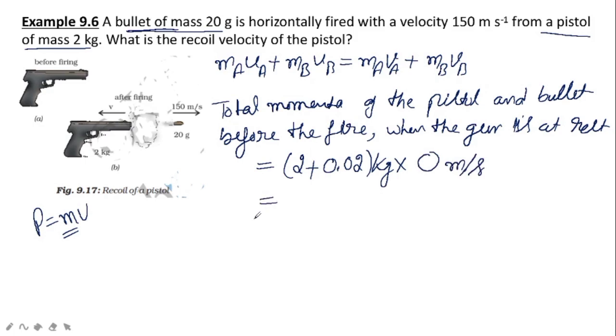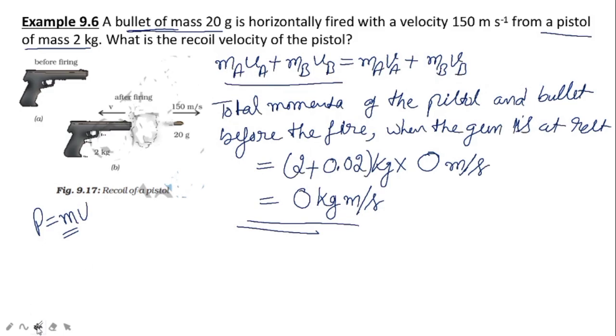Any number multiplied by 0 gives 0, so 0 kg meter per second. This is the total momenta of the pistol and bullet before the fire. That means we have calculated this part, before firing.